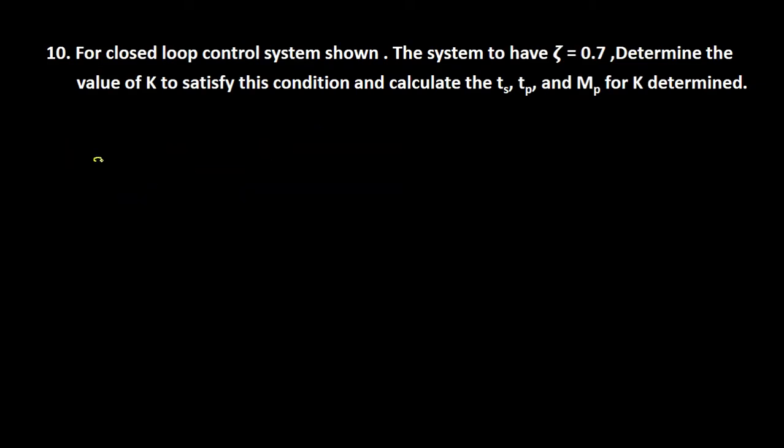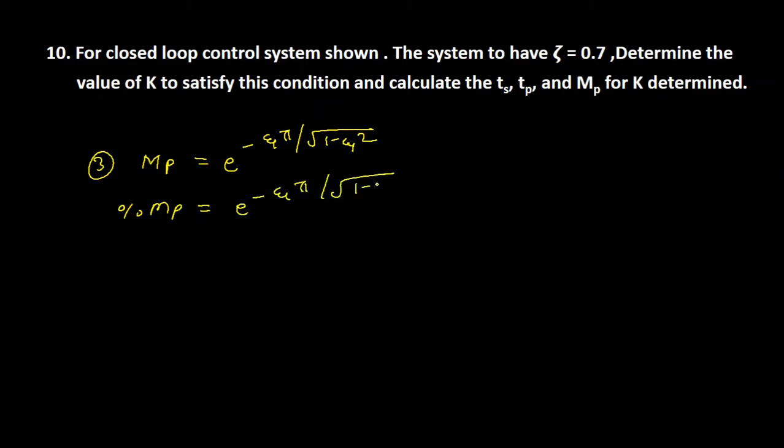Now we are going to find out maximum overshoot or peak overshoot MP. The formula for peak overshoot is e to the power minus zeta pi divided by under root 1 minus zeta square. When we want to find out this peak overshoot in percentage, then this formula will be equal to e to the power minus zeta pi divided by under root 1 minus zeta square into 100.